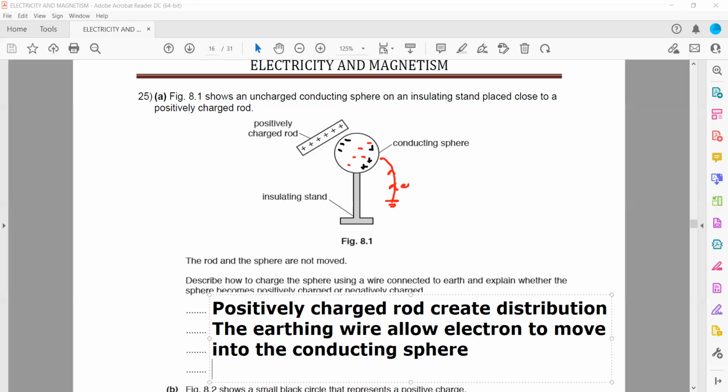And as a result, there will be a net negative charge on the sphere.